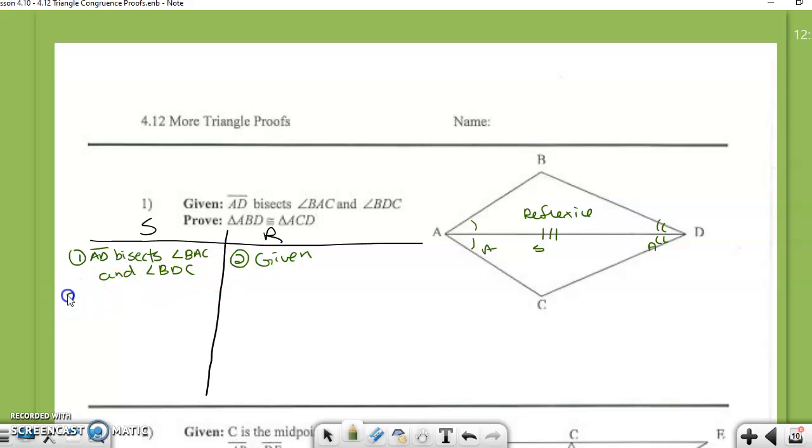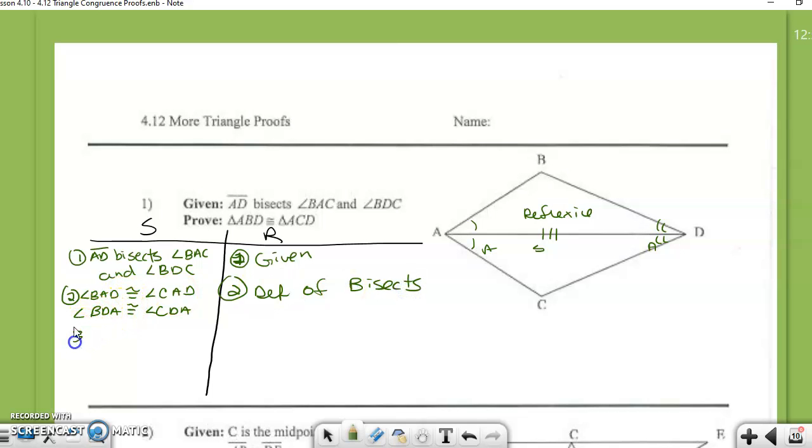With that given information, I was able to add notation to the diagram that angle BAD was congruent to angle CAD, and I added that angle BDA was congruent to angle CDA. And that would be my definition of bisects.